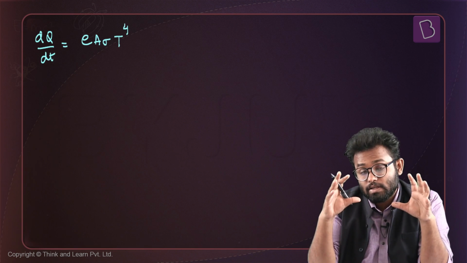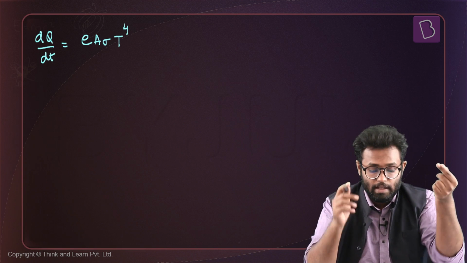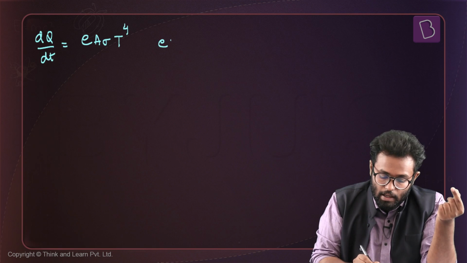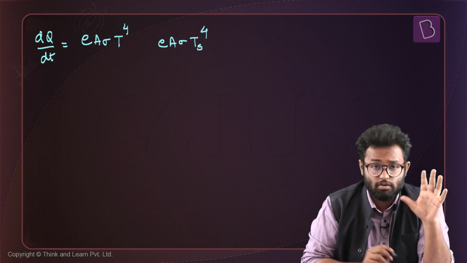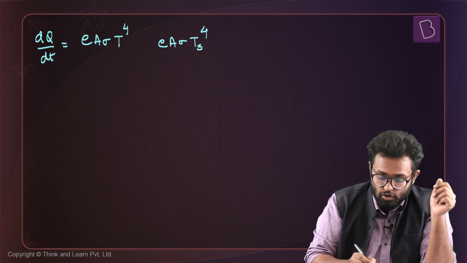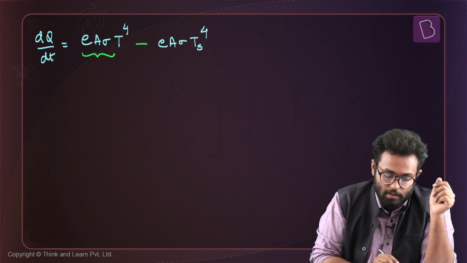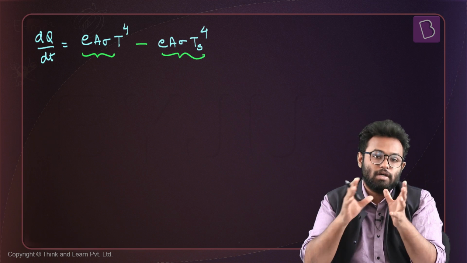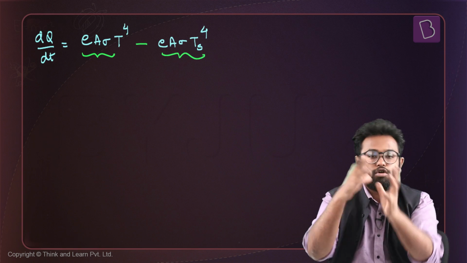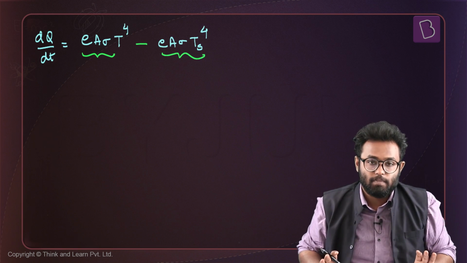The rate at which it is gaining heat depends on the temperature of the surrounding, and that is equal to EA sigma T naught, or TS you can call it, to the power of 4. TS is a constant, so the temperature of the surrounding doesn't change. So when you subtract these two, this is the heat lost, this is the heat gained. This will give you the total energy going out of it per second, and that's what delta Q by delta t is, right?